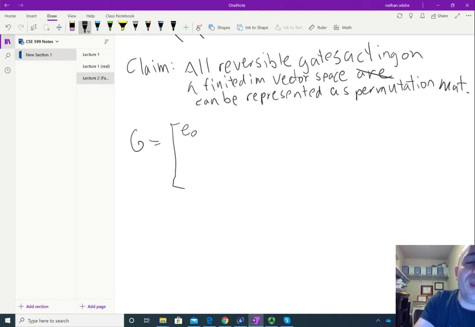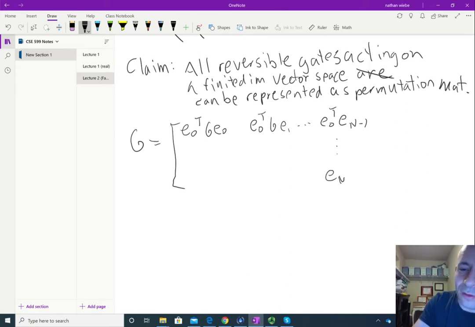It's always E0 transpose G E0, E0 transpose G E1, going all the way down to E0 transpose G En minus 1, again for an n by n matrix, going all the way down to En minus 1 transpose G En minus 1. Okay, so that's the first thing, that we can always represent it like this.